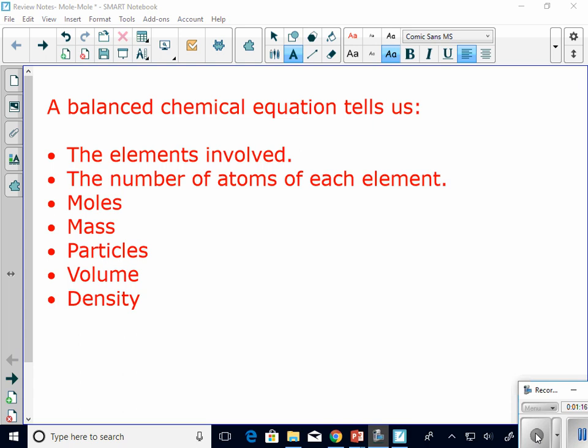It will tell us the number of particles because we know that 1 mole has Avogadro's number of particles, whether it's an atom, whether it's a molecule, whether it's a formula unit. So we can get the number of particles.